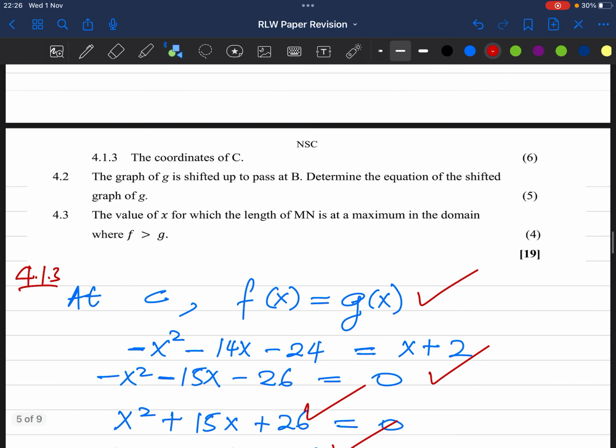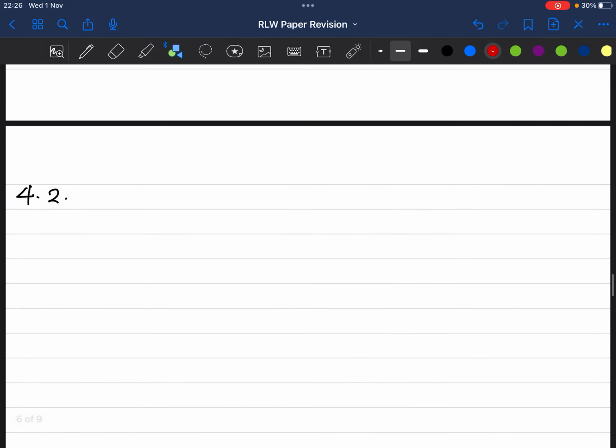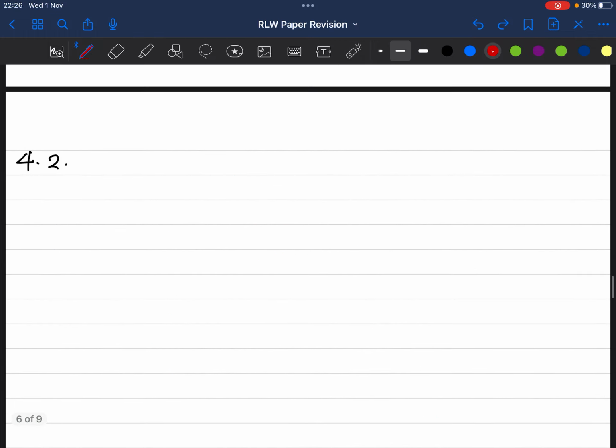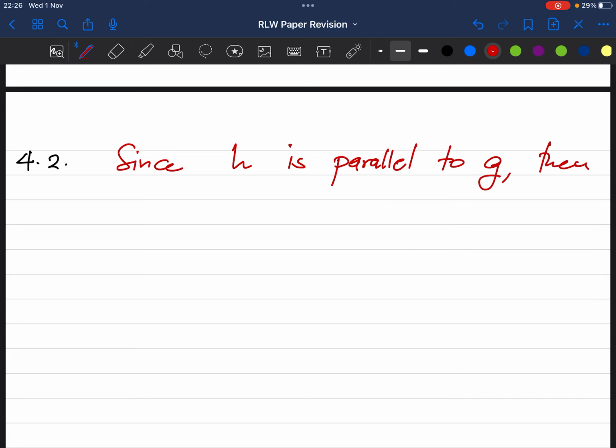Let me use another color. Let us call that function that is shifted up h. Since h is parallel to g, then the gradient of h is equal to 1.